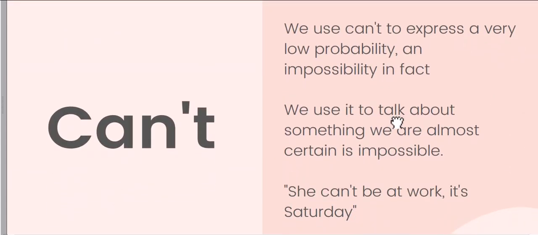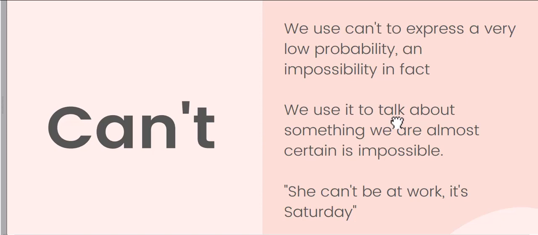And let's move to can't. We use can't to express a very low probability, in fact impossibility. We use it to talk about something we are almost certain is impossible. "She can't be at work. Isn't it Saturday?"